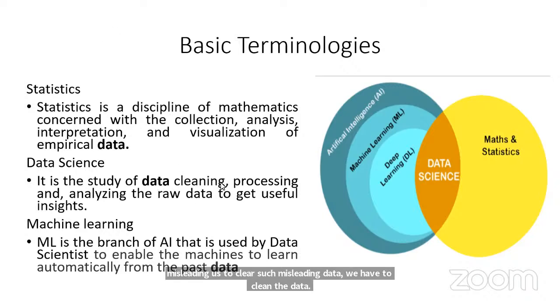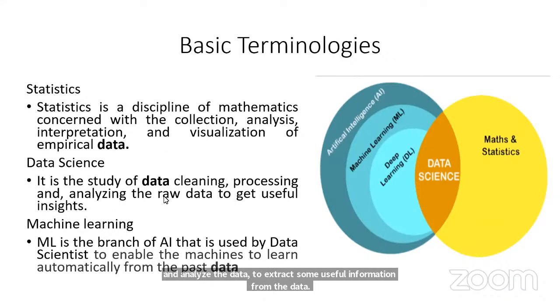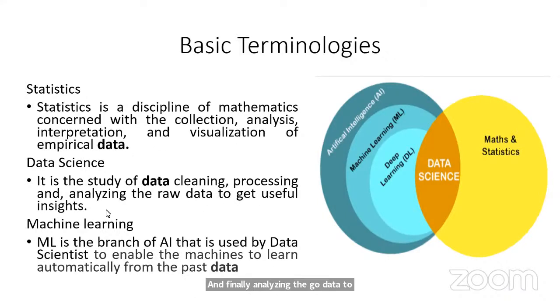So there are various techniques for cleaning the data. Then processing the data. Processing means applying various techniques, applying various methods to analyze the data, to extract some useful information from the data. And finally, analyzing the raw data to get useful insights. So data science is dealing with data.